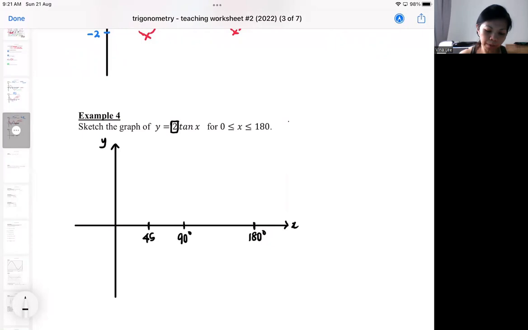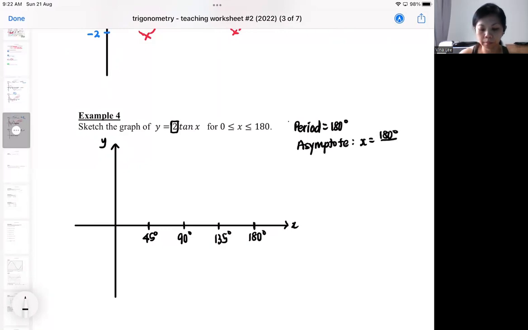Usually people don't divide into 4 sections. If you still remember what I mentioned just now, the dotted line is half the period. So in this case, the period is 180. The asymptote should be half the period. So it will be at the 90 degree.